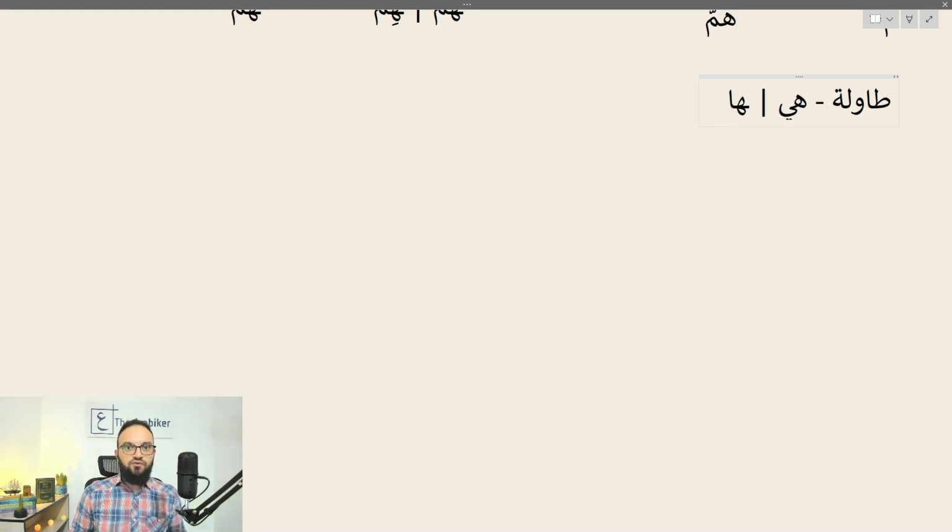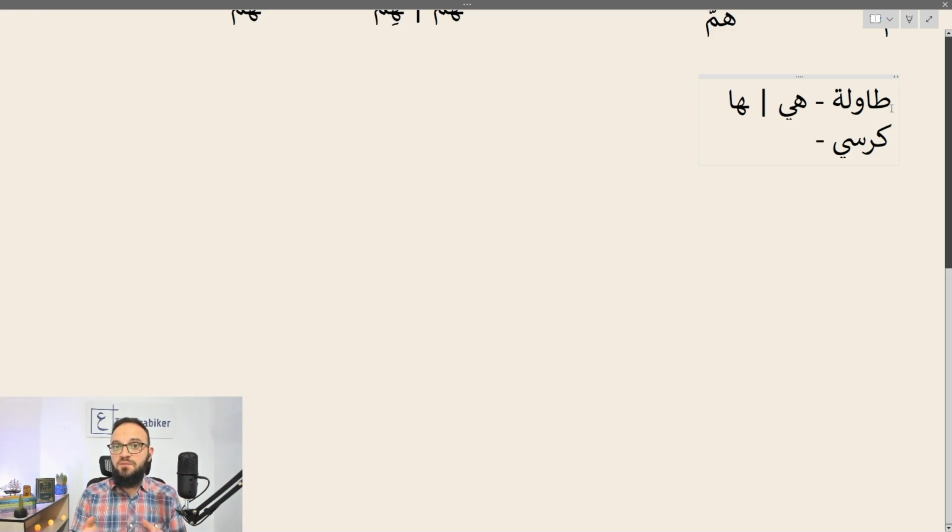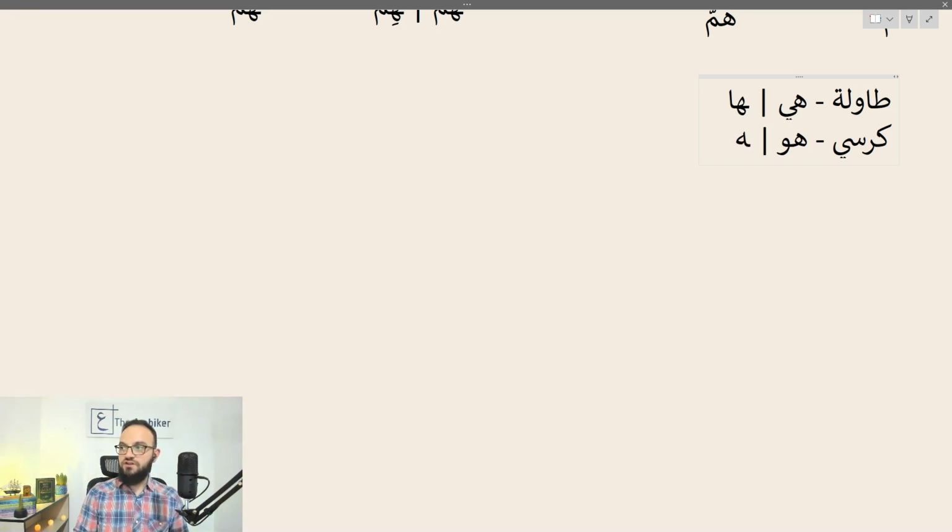Take another example, the word kursi, chair. This is a masculine word, and we refer to it using the pronoun huwa or huwe in dialect. And for the attached pronoun, we refer to it using who or he or ho'o, depending on the spoken dialect. So in summary, things in Arabic have gender and we don't have the pronoun it.